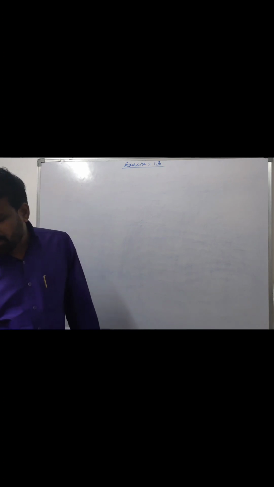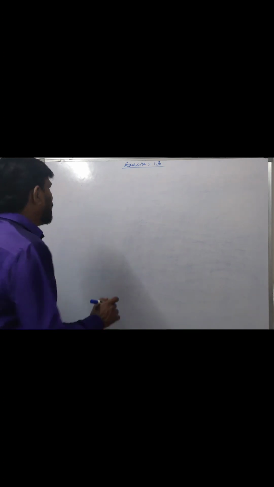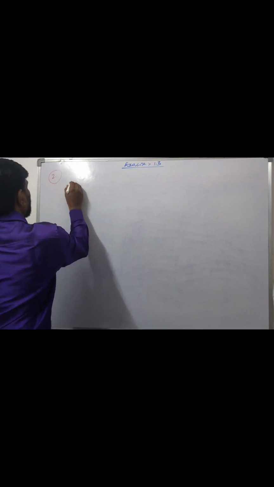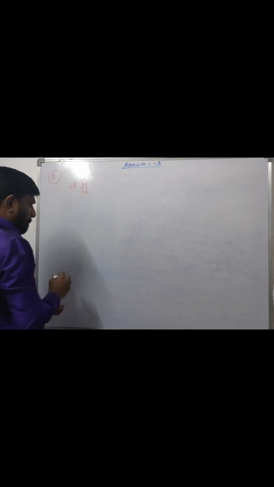See, you can say easily without doing the division, but here the second problem is 11 by 12. In this second bit, second problem, 11 by 12 is there.